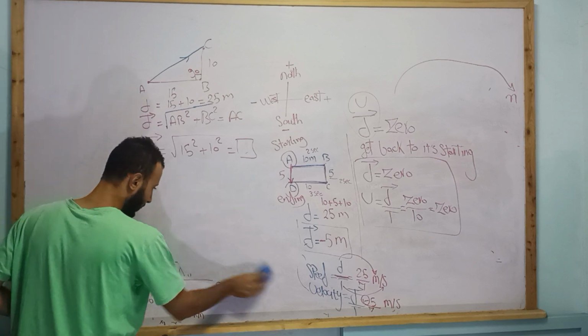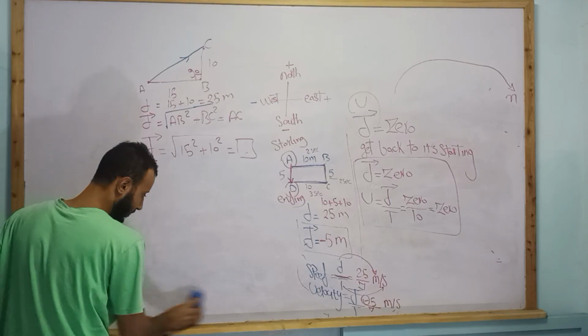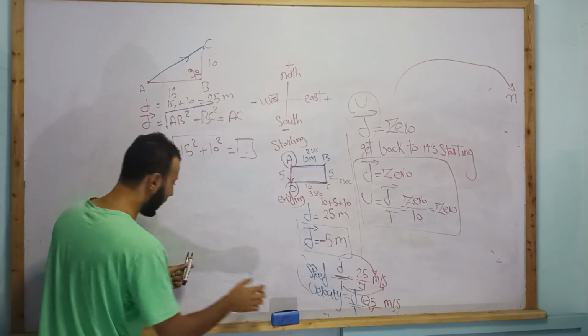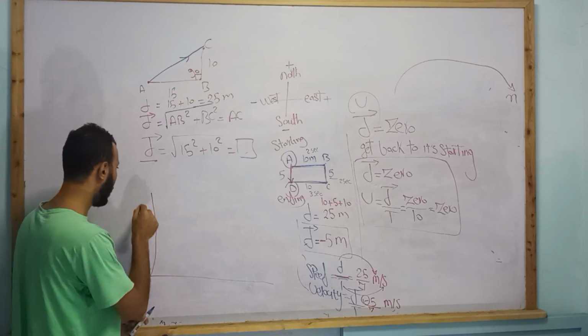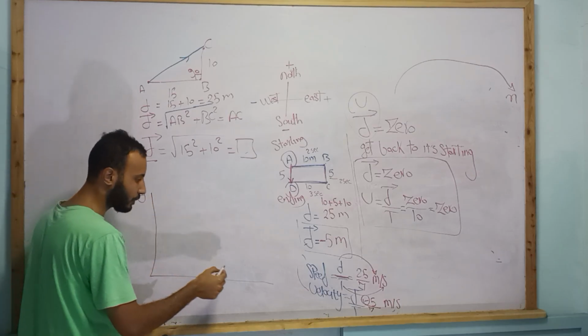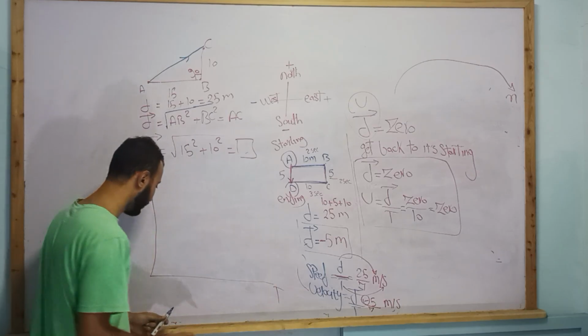I'm sorry for the graph like this. Okay, and here we have distance or position, and here we have time.